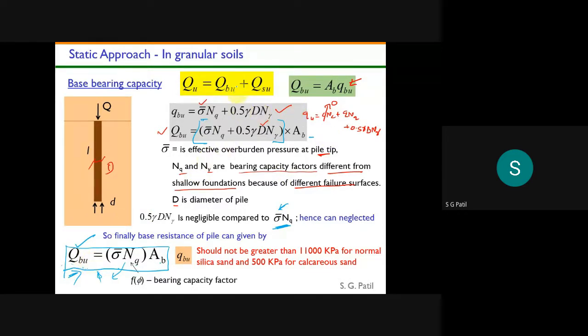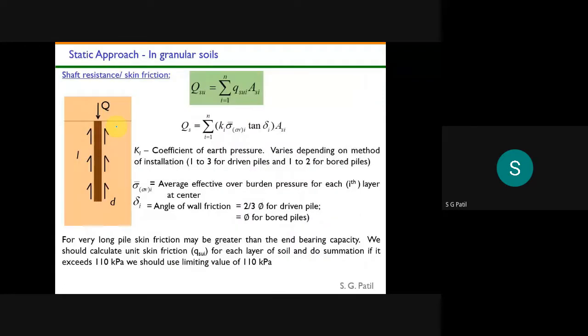Then what is the left thing? This thing we have calculated. Now we have to calculate the shaft resistance. Till now what did we calculate? We calculated only the base resistance. So next, how to calculate the shaft resistance? To calculate the shaft resistance, we will use this formula.